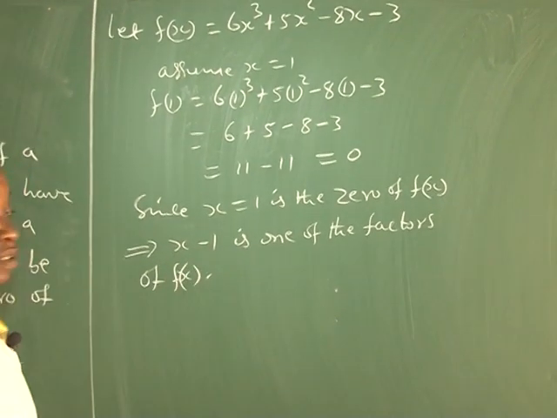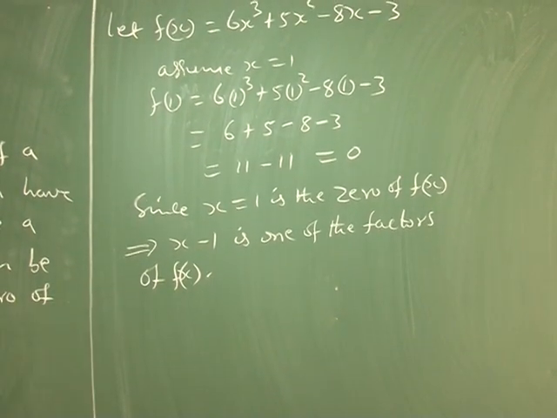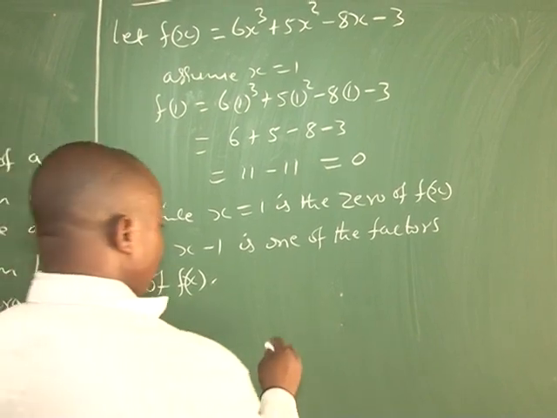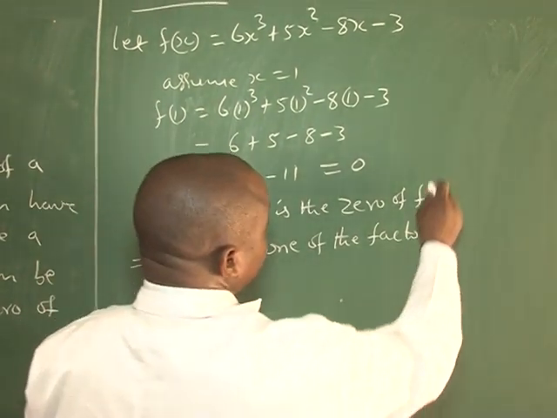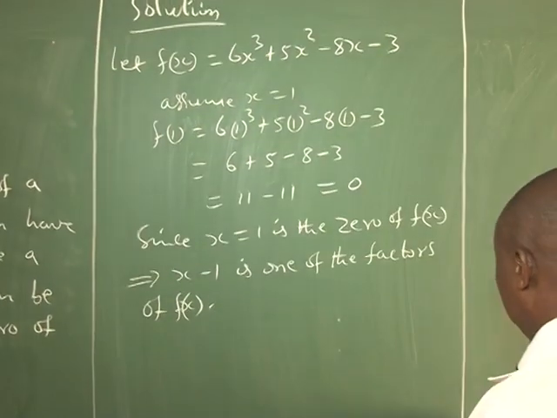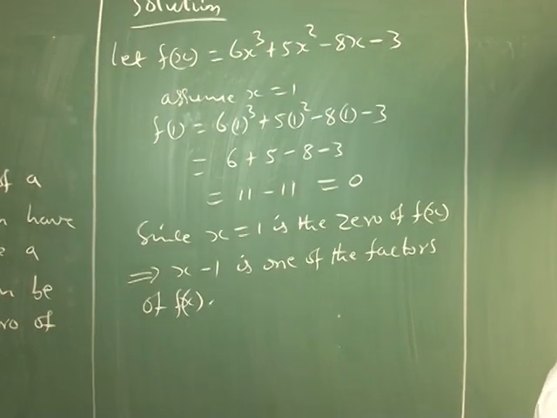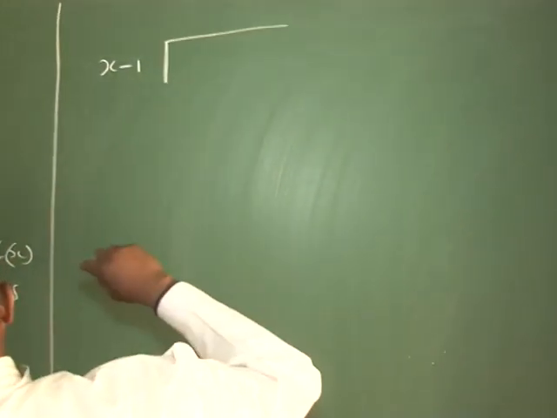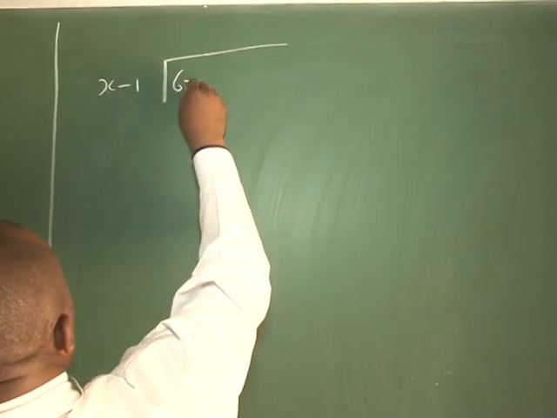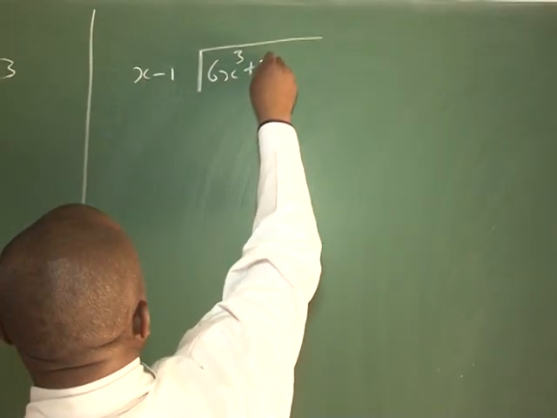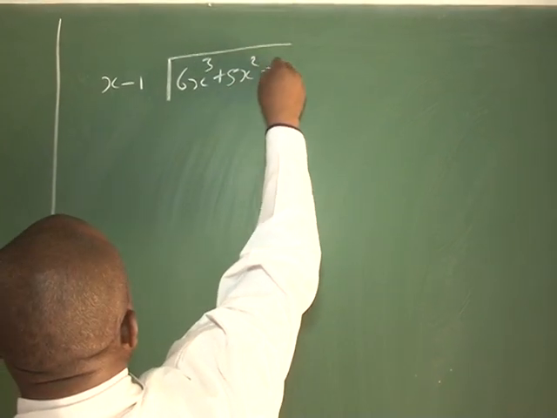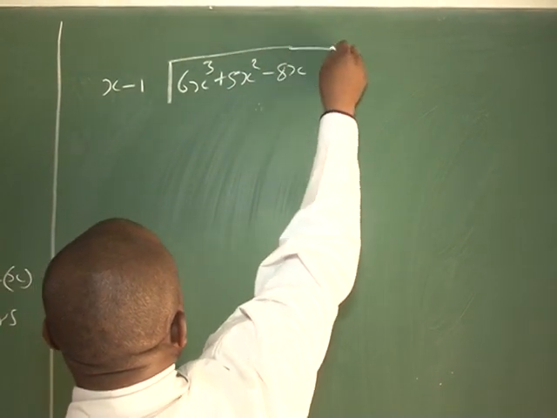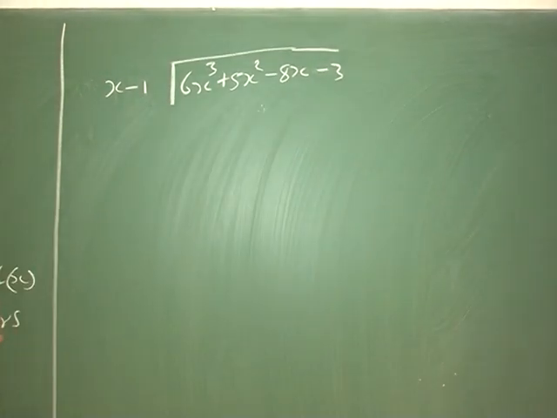Now, to get the other factors, we are going to use the long division method. We know that x minus 1 is one of the factors. So we are dividing 6x cubed plus 5x squared minus 8x minus 3.